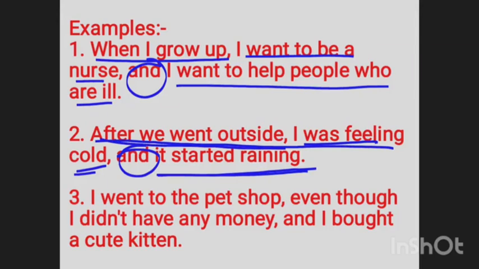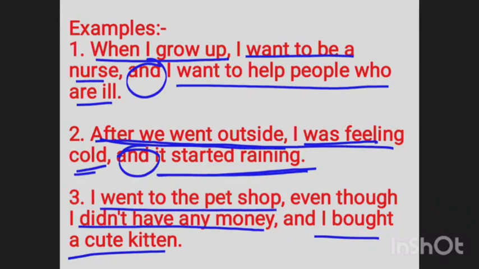Let's look at number 3. "I went to the pet shop even though I didn't have any money and I bought a kitten." "I bought a kitten" is a main clause. "I didn't have any money" is another main clause. "I went to the pet shop" is just a subordinate clause.